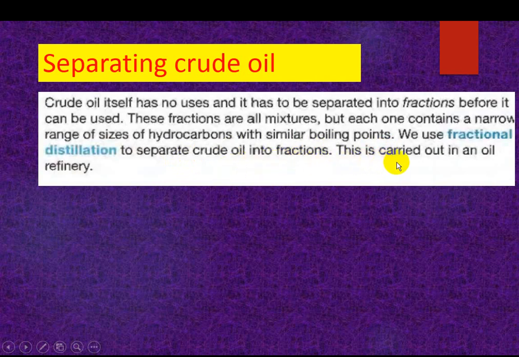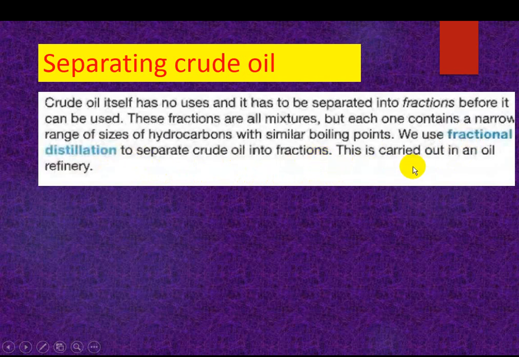This is carried out in an oil refinery. We separate crude oil by fractional distillation.